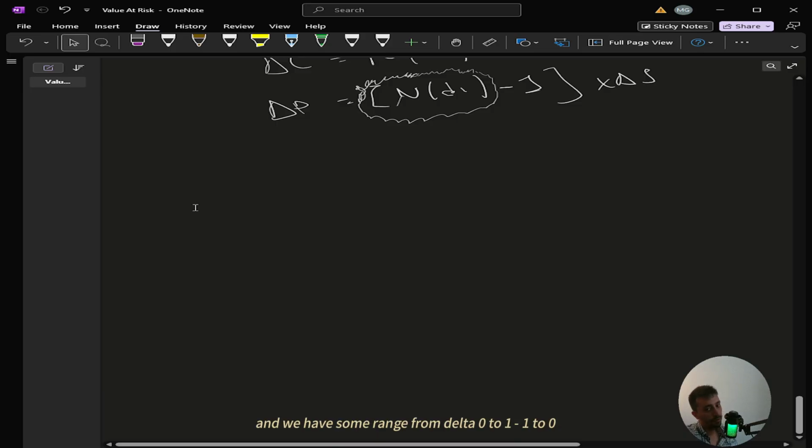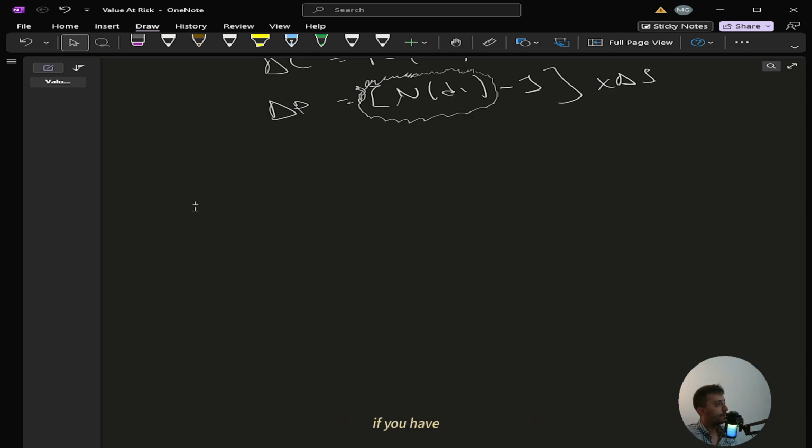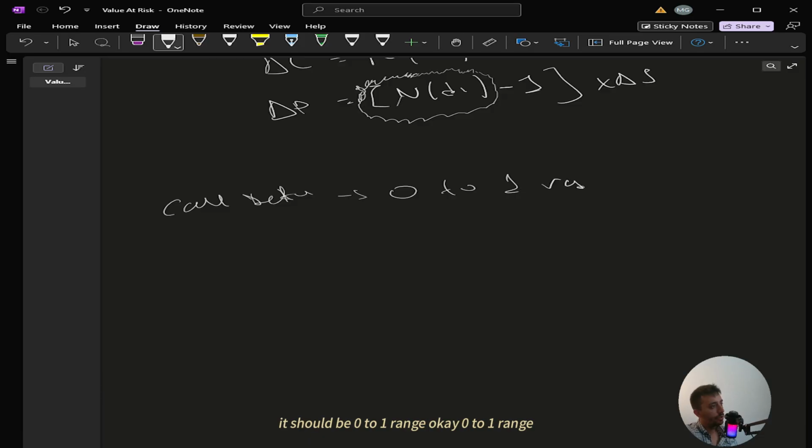Delta ranges from 0 to 1 and from minus 1 to 0. Call delta should be in the 0 to 1 range.